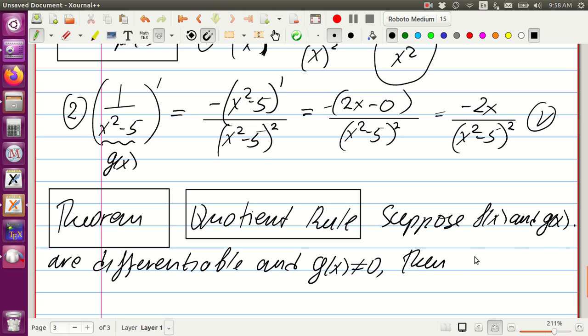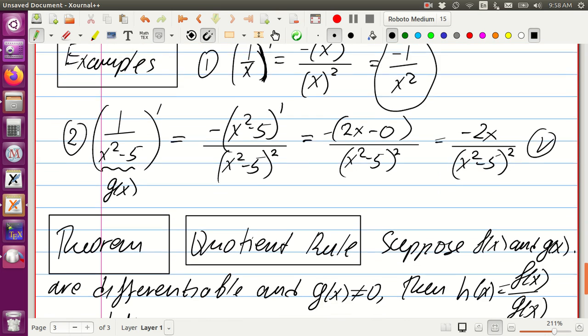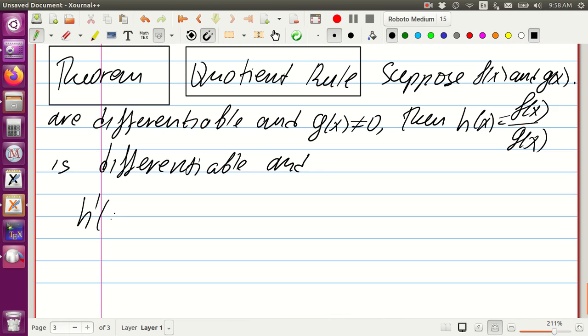Then if we create h of x by taking f of x and dividing by g of x, if we create h by taking the quotient, h is differentiable, and the derivative is a little bit more complicated than the product rule, but let's try to do that.